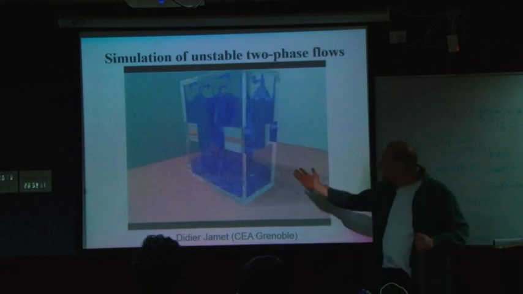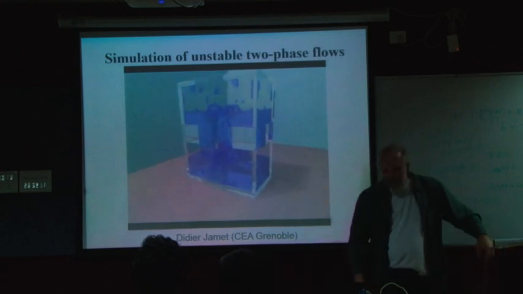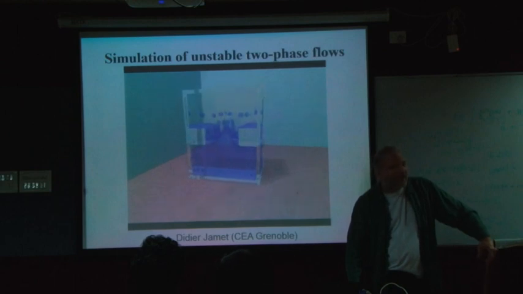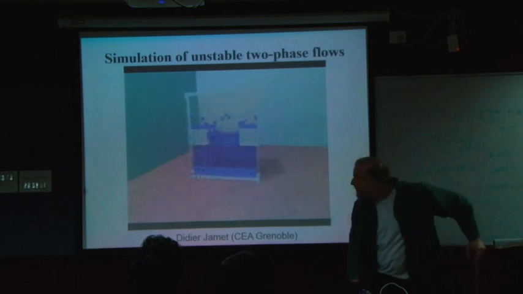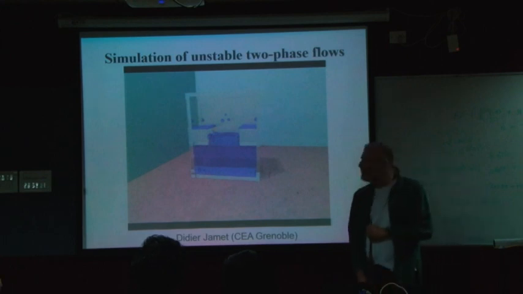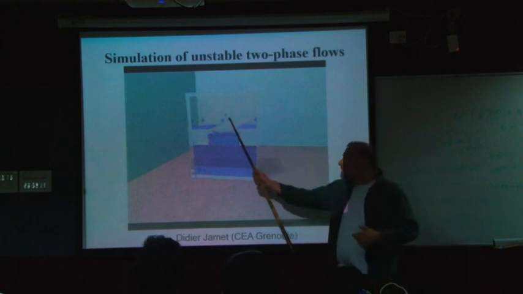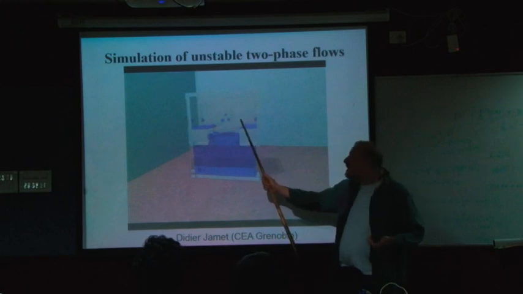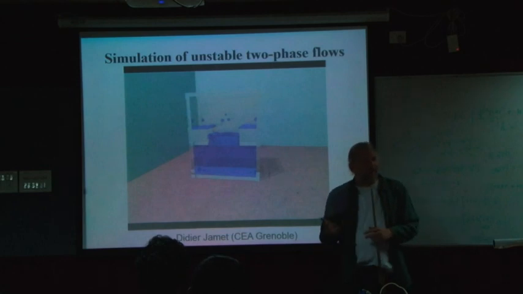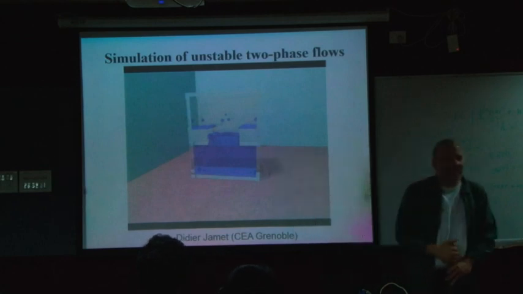But here, of course, to be able to do this simulation, Didier was obliged to blow up the interface thickness by a factor 1,000 or 10,000 or so, and visibly this was not done carefully, which means in this blow-up he completely changed the time scale for this evaporation condensation process, so that it's not realistic anymore.